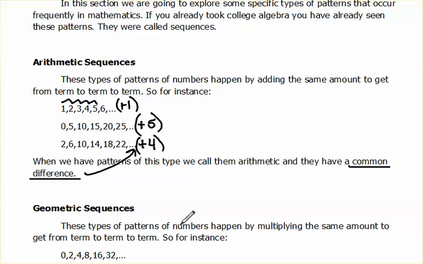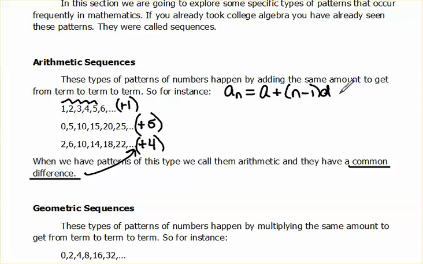In the second set, the common difference would be 5, and in the third set, the common difference would be 4. Now we have a formula that we use when we're working with arithmetic sequences, and that formula is a sub n, so your a with a little bitty n, just a little bit lower than the a, equals a sub 1 plus, and then in parentheses, n minus 1 times d.